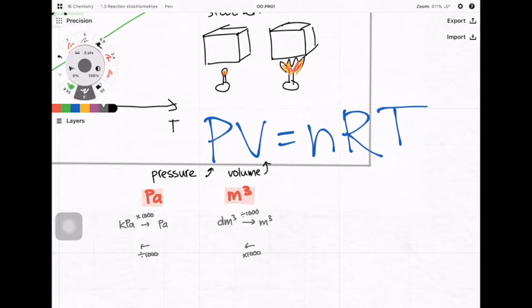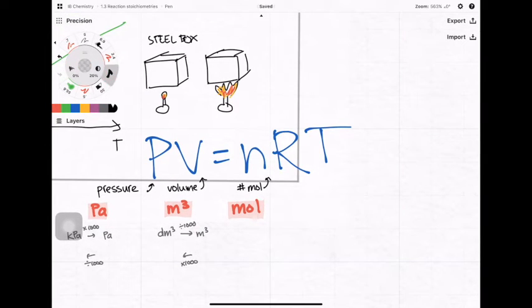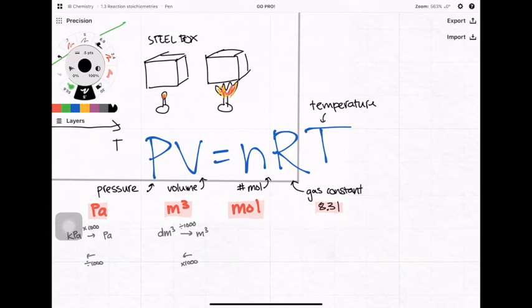n stands for the number of moles. No surprises here. It's just measured in moles. R is actually a combination of k1, k2, k3. All of those proportionality constants are combined into R, known as the gas constant, and that's given in your IB data booklet. It's 8.31. T, again a weird unit, is given in Kelvin.